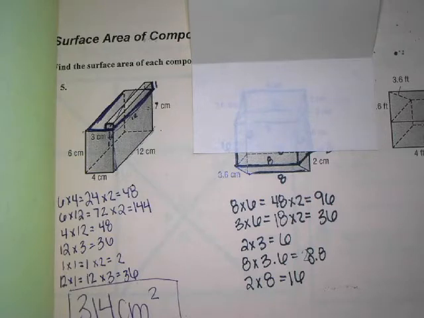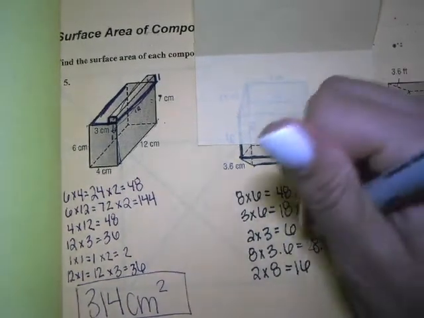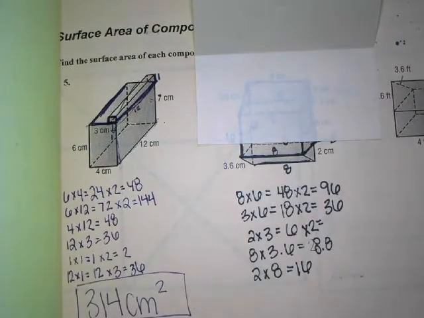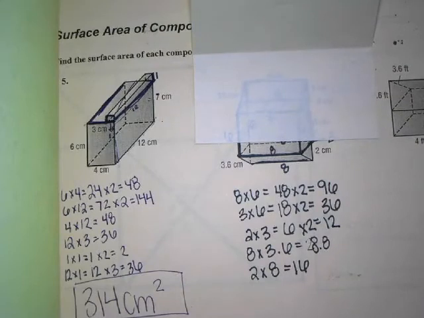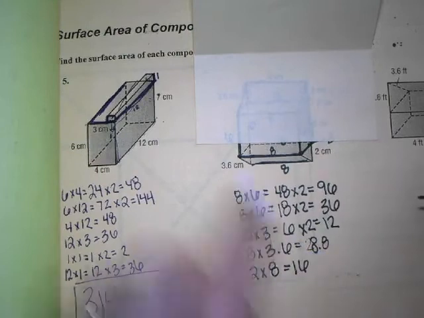Less work. So if it's the exact same, that means the triangles are exactly the same. So what can I do to the area of the triangle? Times it by 2. Which means 6 times 2 is? And that means if the triangles are the same, that means the rectangles are also the same. Which means I can do 28.8 and do what with it?